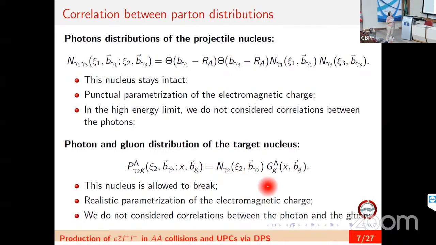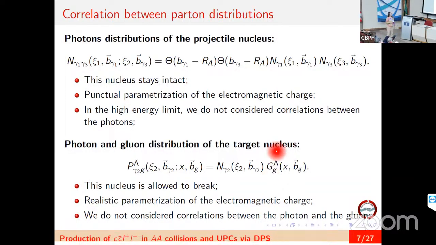And here, as I told you, we are considering no correlations between the photon and the gluon in the target, but it's not a straightforward conclusion. But where is the effective cross-section here, right?